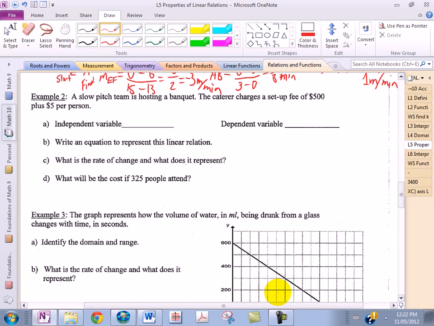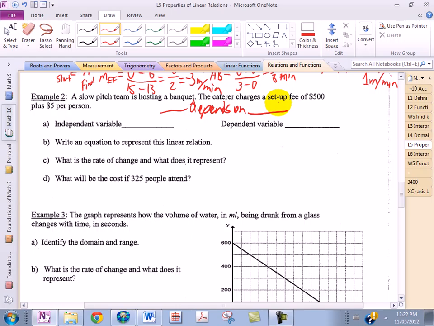Okay, example number 2. Please read it. And then you have to use your depends on sentence. So blank depends on what? A slow pitch team is hosting a banquet. The caterer charges a setup fee of $500 plus $5 per person. So does the cost depend on the number of people, or do the number of people depend on the cost?